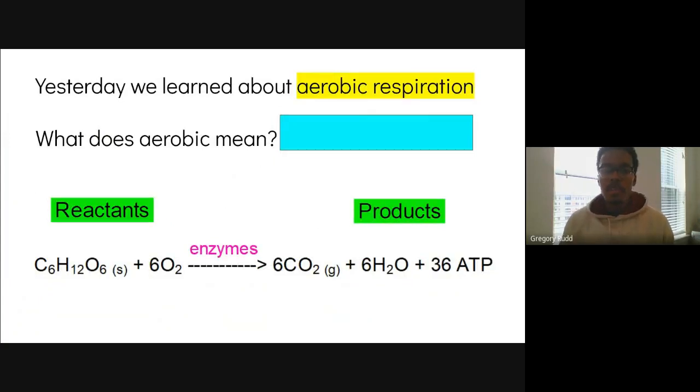So yesterday we introduced a concept called aerobic respiration. Does anyone remember? Hopefully you all do. But can someone tell me what aerobic means? What does aerobic mean?